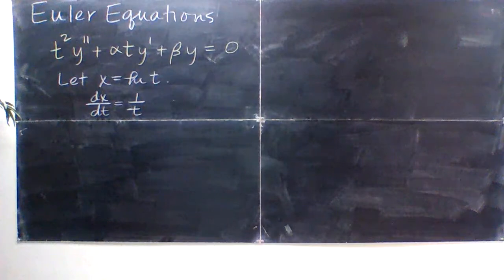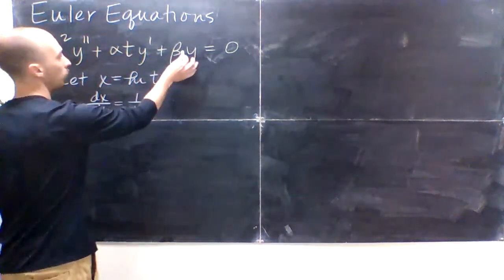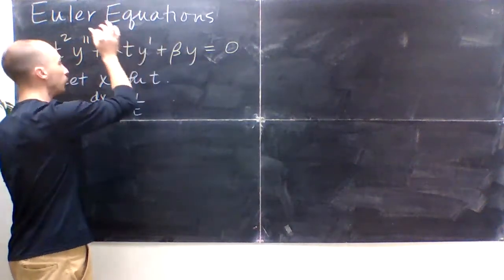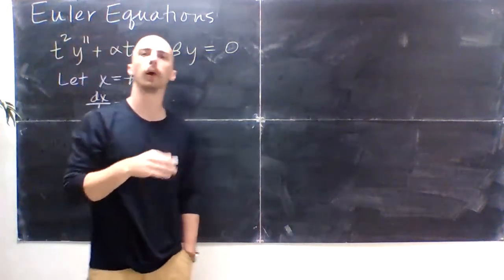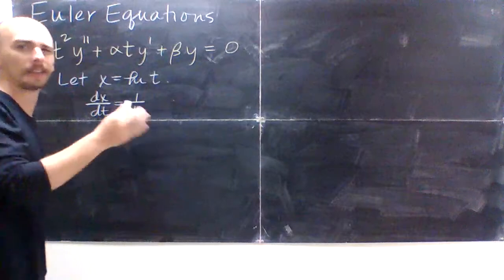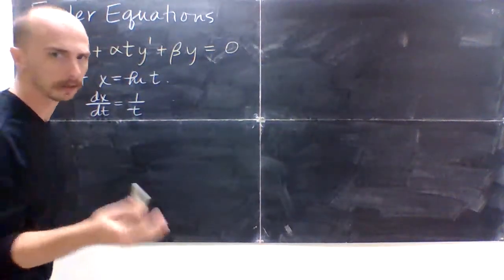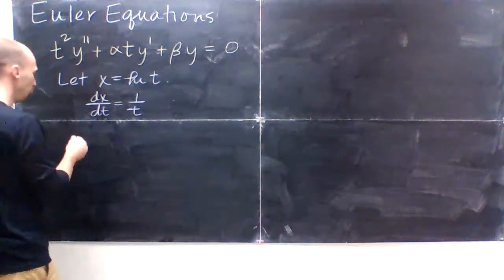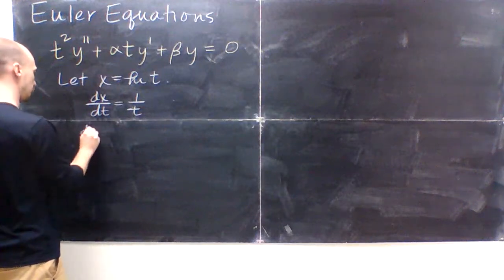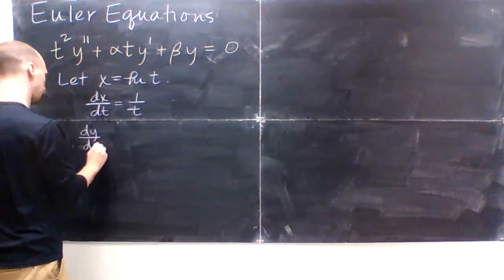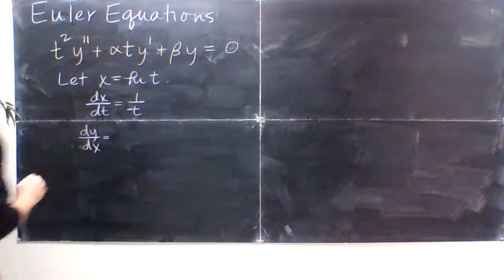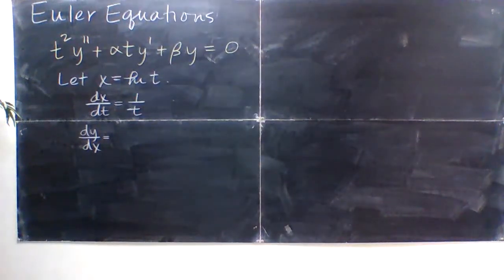I know that eventually I'm going to want y of x, y prime of x, and y double prime of x. Y prime of x, that's dy dx. I think this will make it easier to see where I'm getting the idea for this substitution. So dy dx is going to be, wait, hold on.